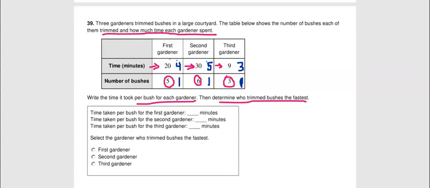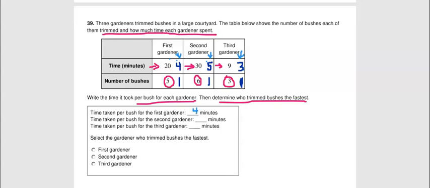So one bush took 4 minutes for this person, one bush took 5 minutes, and this one only took 3 minutes for each bush to be trimmed. Okay, so that's what we have. It says time taken per bush for the first gardener. It was 4 minutes.